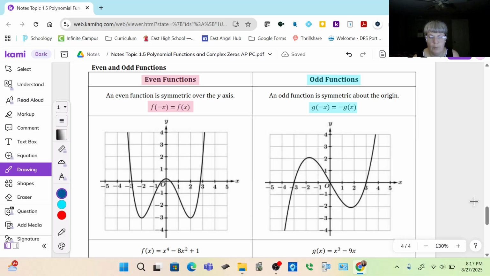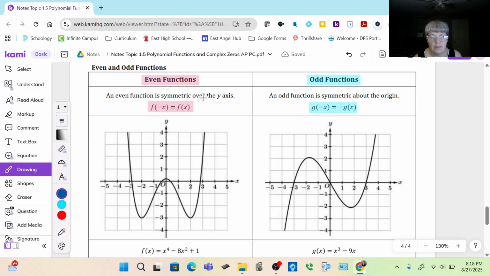I'm not quite remembering which one, but there's a little bit more to it than that. What I should have said when I was talking with those students is an even degree versus an odd degree has these kinds of end behaviors. But if I'm talking even and odd, it has to do with the comparison.